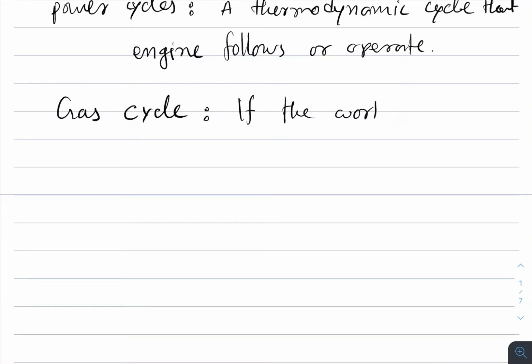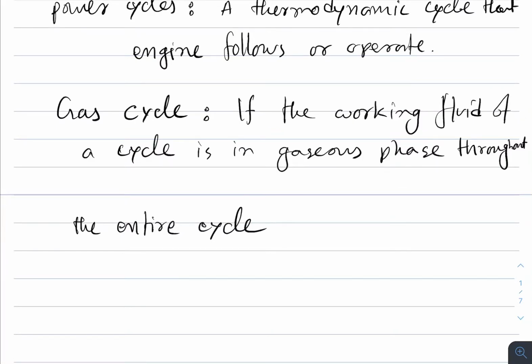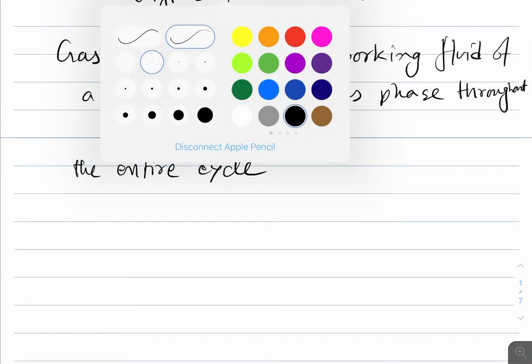If the working fluid of a cycle is in gaseous phase throughout the entire cycle, then it's a gas cycle, right?